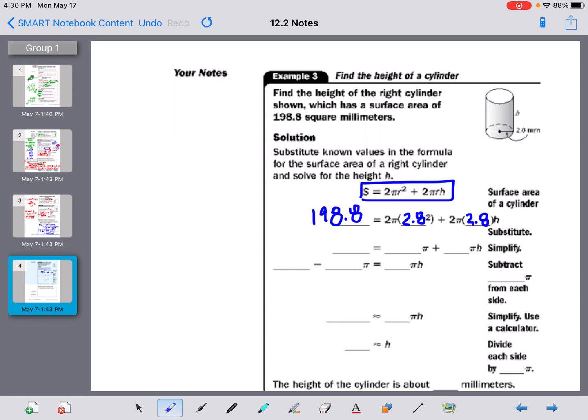Okay, I can tell you right now, these numbers are not going to be pretty because I can see that there's no pi in the answer. So they've already multiplied out times the decimals. Okay, so I'm going to leave this 198.8. And because this is not pretty, I'm just going to roll my decimals, okay? 2.8 squared times 2, run that number through, and I get 15.68.